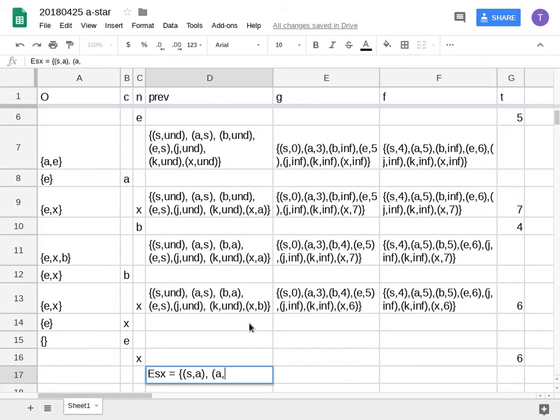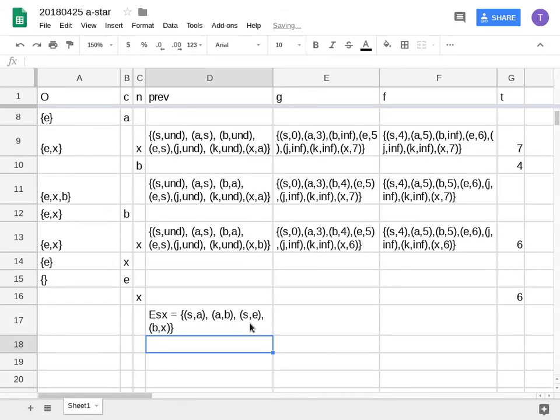And then the next one is AB, because the previous of B is A. And then the next one, I guess this one needs to be there too, even though it doesn't lead to the destination, but it is still in the graph. And then we have BX here. So the BX is also in the solution graph. So this is ESX. When you make a graph out of V and ESX, that becomes your solution graph.